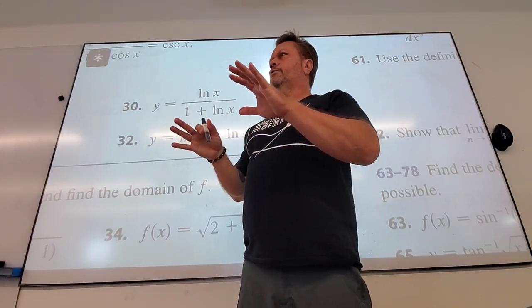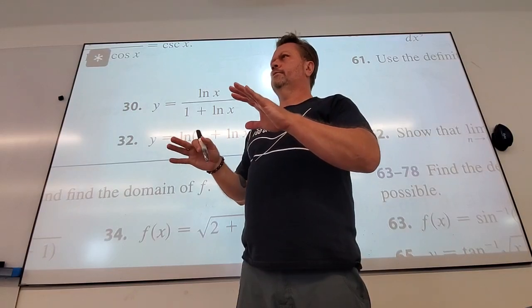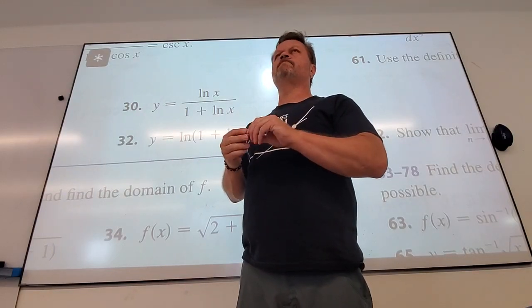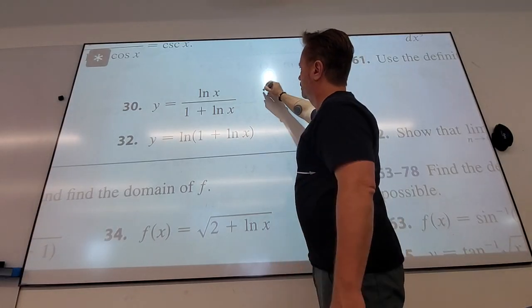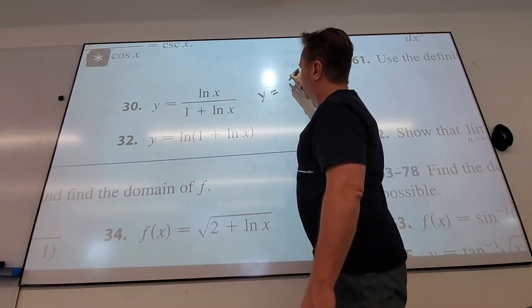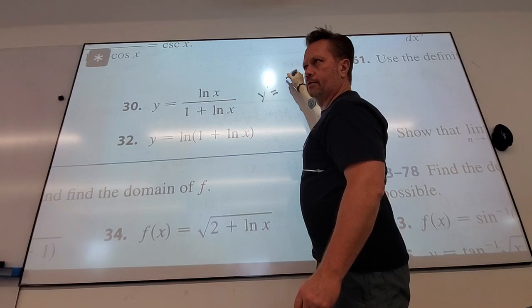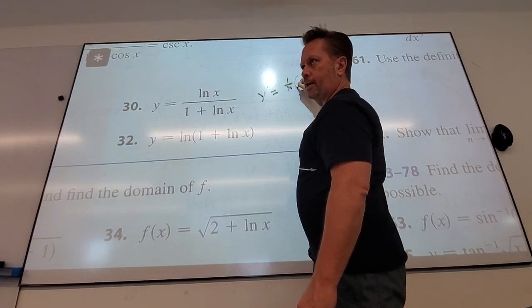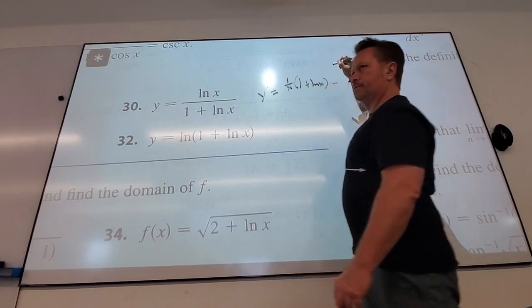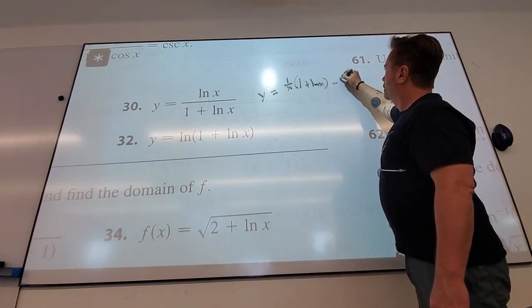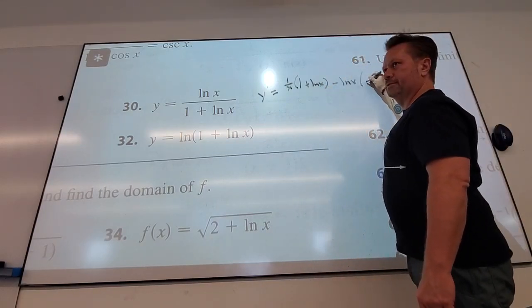Did you try to apply the quotient rule and it got trippy? Okay. What's the derivative of ln x again? 1 over x. So it'll be derivative of the top times the bottom minus the top times the derivative of the bottom.